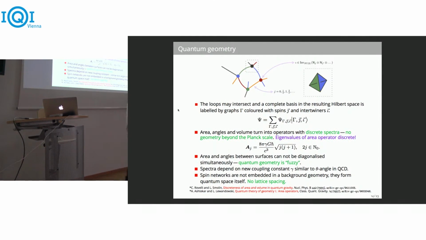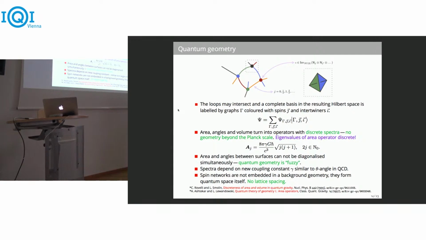And since these loops and Wilson lines may intersect, you can construct a complete basis, and what you find is that the resulting Hilbert space is labeled by graphs colored with representations of your fundamental gauge group, and intertwiners at the nodes wherever these Wilson lines meet that represent SU2 invariant tensors.